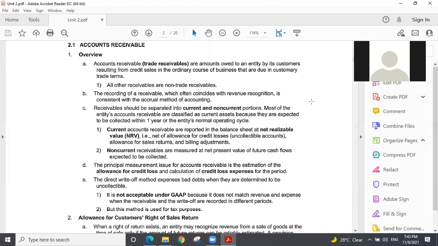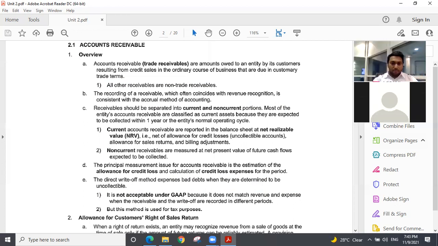Sometimes your receivables may not be collectible in 1 year, or sometimes you provide your customers with an additional facility that they can pay in 2-3 months. So that becomes a non-current receivable.